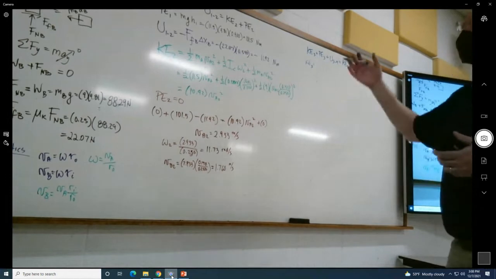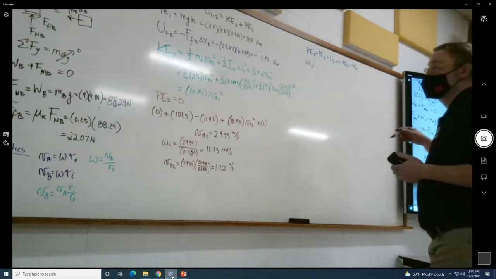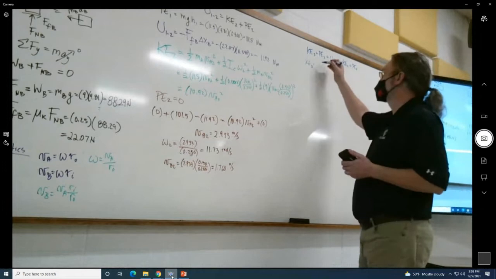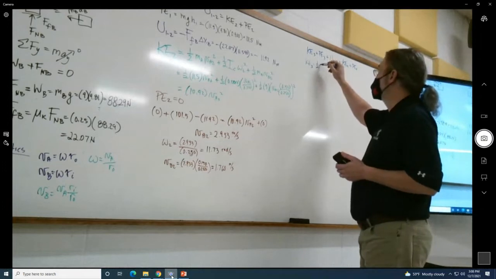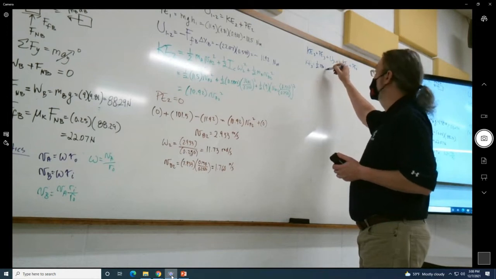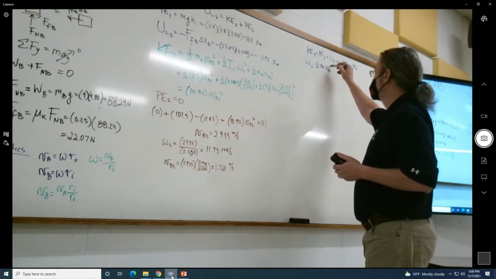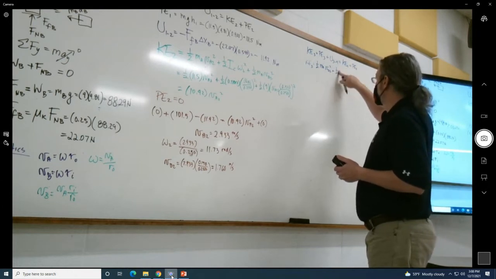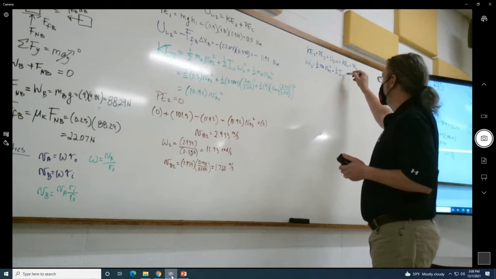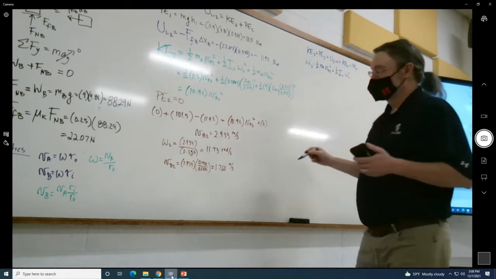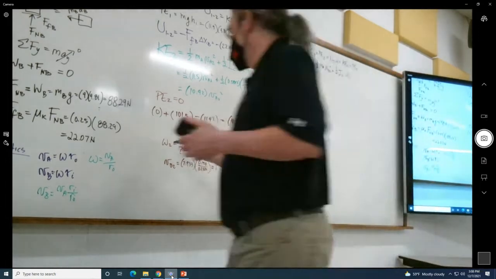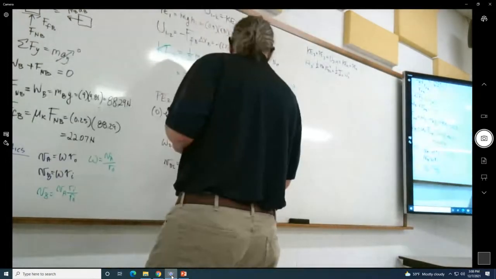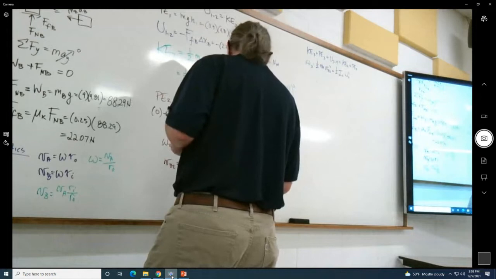So it no longer influences what's going on. It's purely the momentum of both the cylinder and the block together. Here's 1/2 M, I guess I'll go with B first, B, VB3 squared plus 1/2 IC omega 3 squared. But nothing has changed here, right? This is omega 3, and this is VB3, right there.